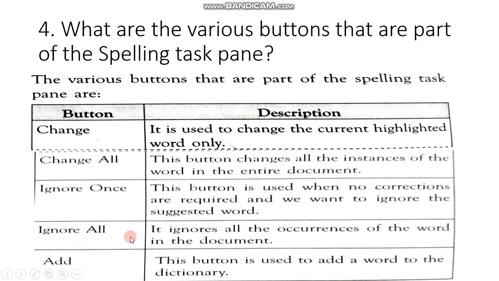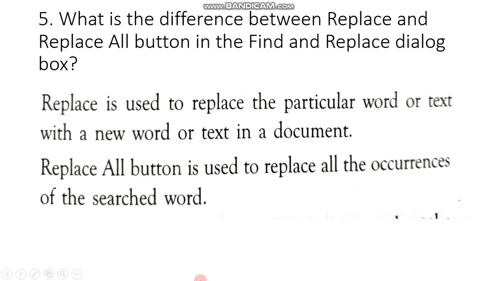Ignore all. It ignores all the occurrences of the word in the document. Add. This button is used to add a word to the dictionary. Okay. The fifth one. What is the difference between replace and replace all button in the find and replace dialog box?